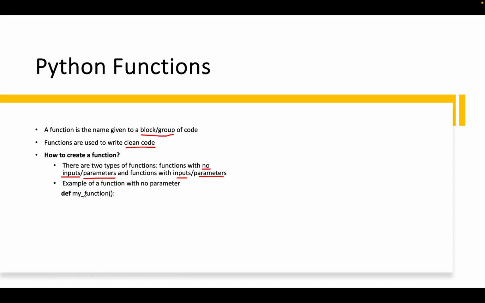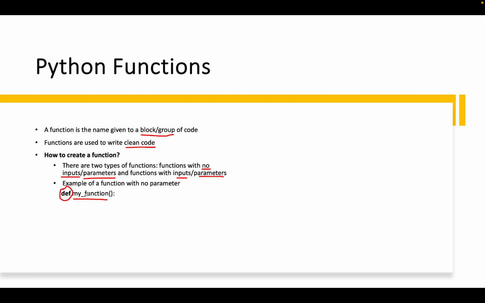If you want to define a function that has no parameters, all you have to do is use the keyword def, I think the full meaning is definition. Just say def, then the name of your function. Treat the name of a function like a variable name. The name of a function can be anything, but you can't put a space.